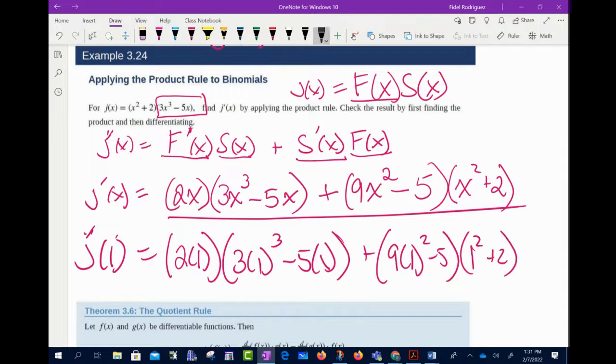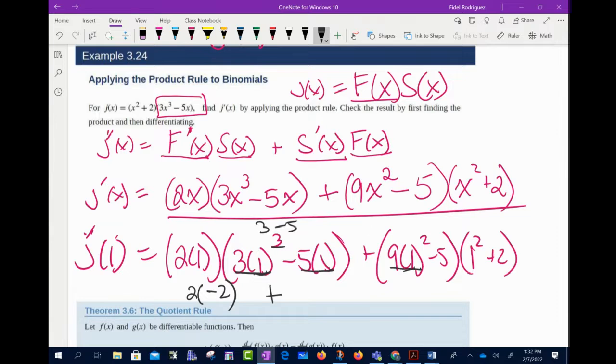Okay, now let me ask you a question. What's 2 times 1? 2. What's 1 to the third? 1. 1 times 3? 3. 5 times 1? 5. What's 3 minus 5? Negative 2. Boom, we got that part. Plus, what's 1 squared? 1.